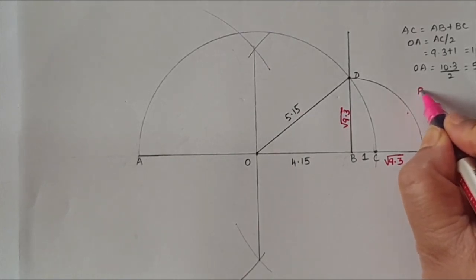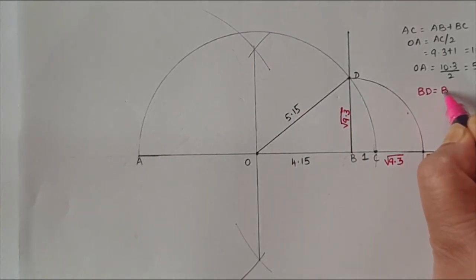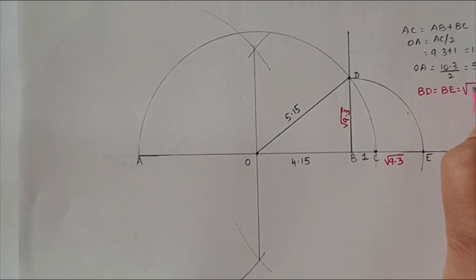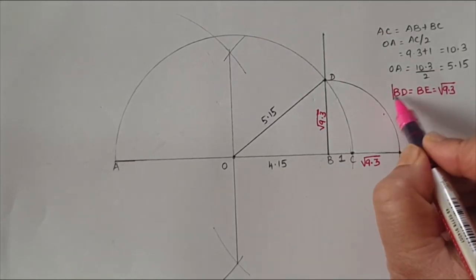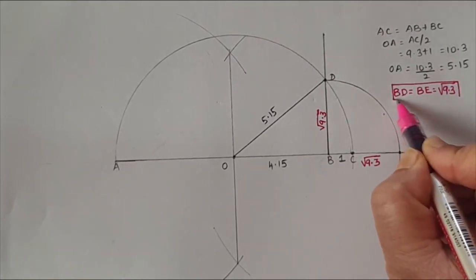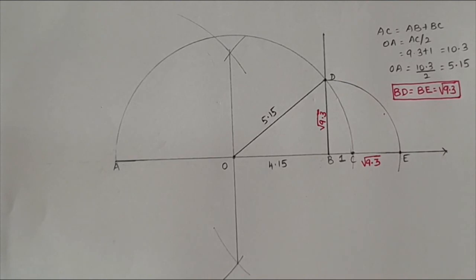So BD is equal to BE is equal to square root of 9.3 units. Hope it is clear. Thank you, children.